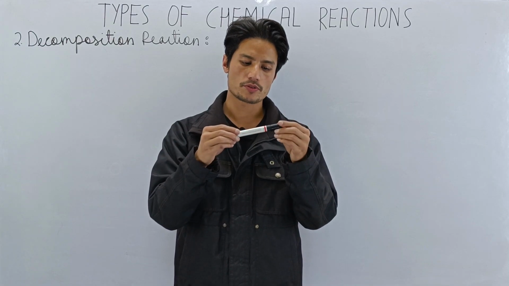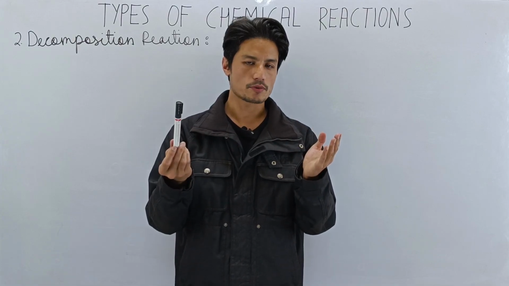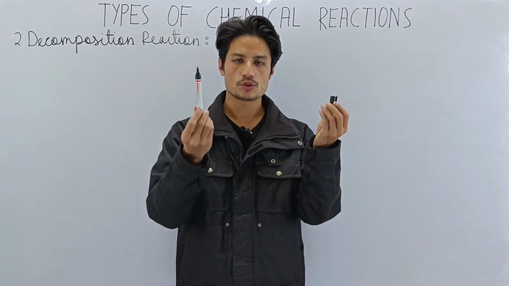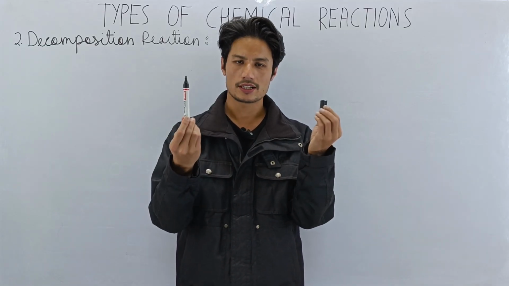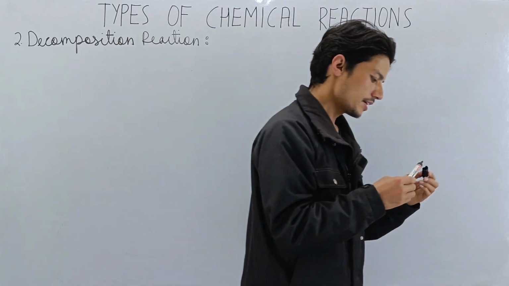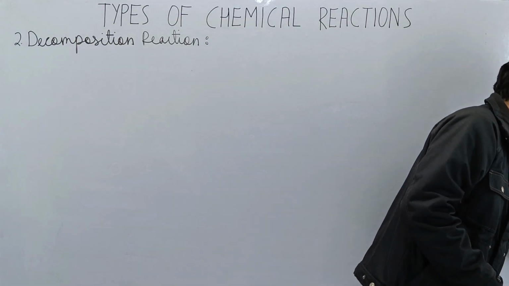So what is decomposition reaction? Decomposition reaction is a type of chemical reaction where a single reactant breaks into two or more products. Clear? Easy? Yes, that was absolutely easy, isn't it?